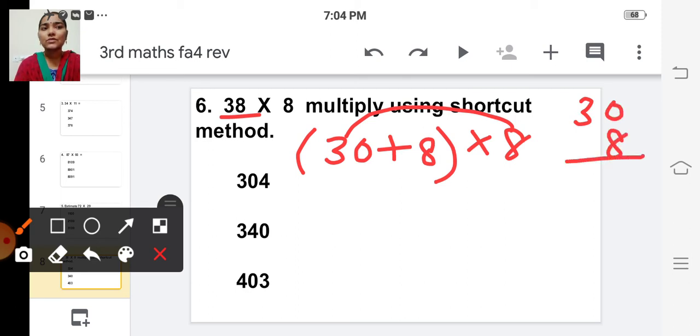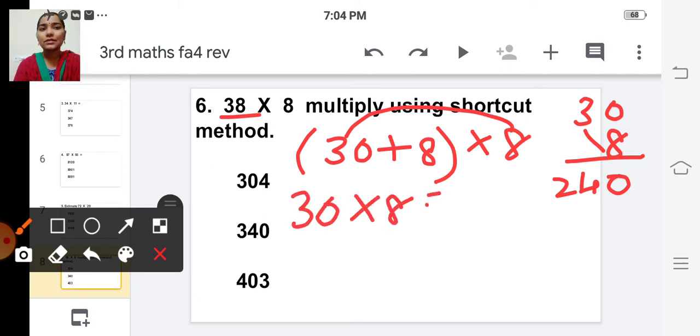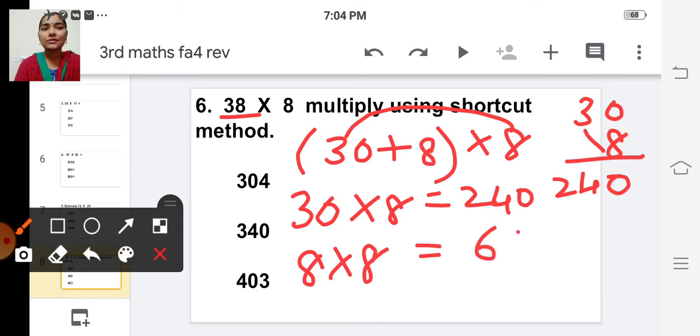So 8 into 0 is 0 and 8 threes are 240. So we can write it as 30 into 8 is 240, and 8 into 8, 8 eights are 64.